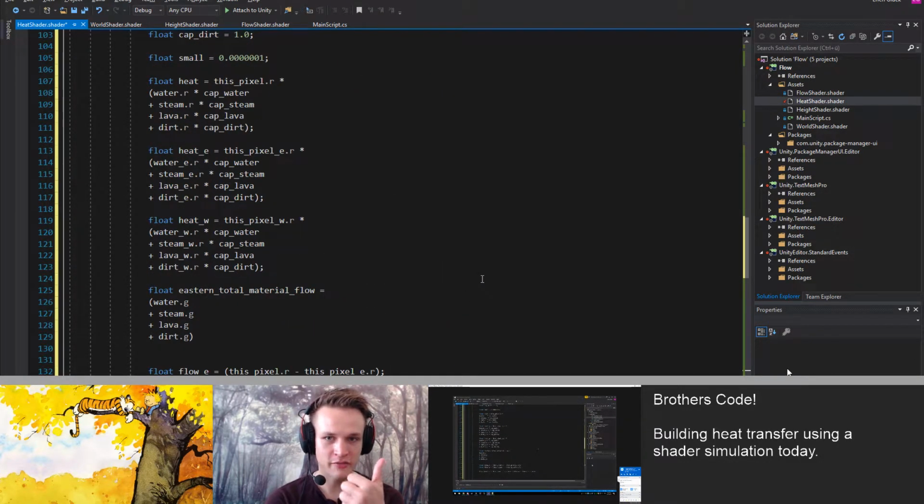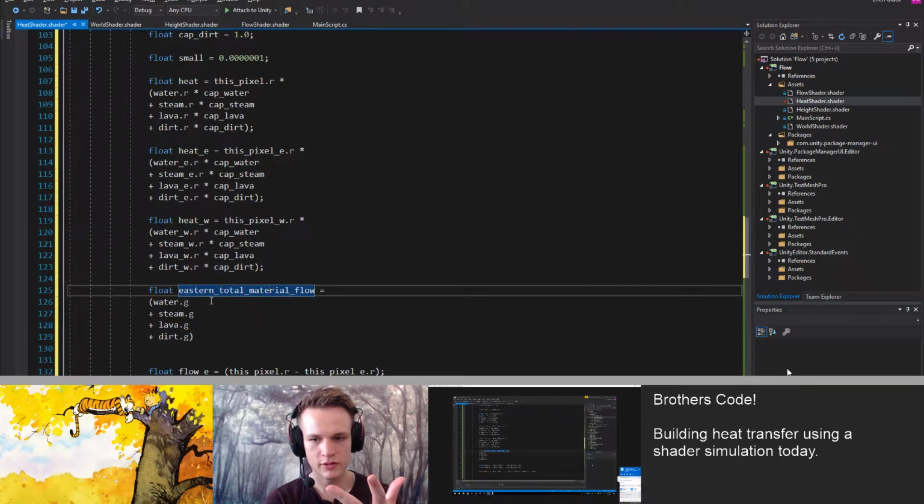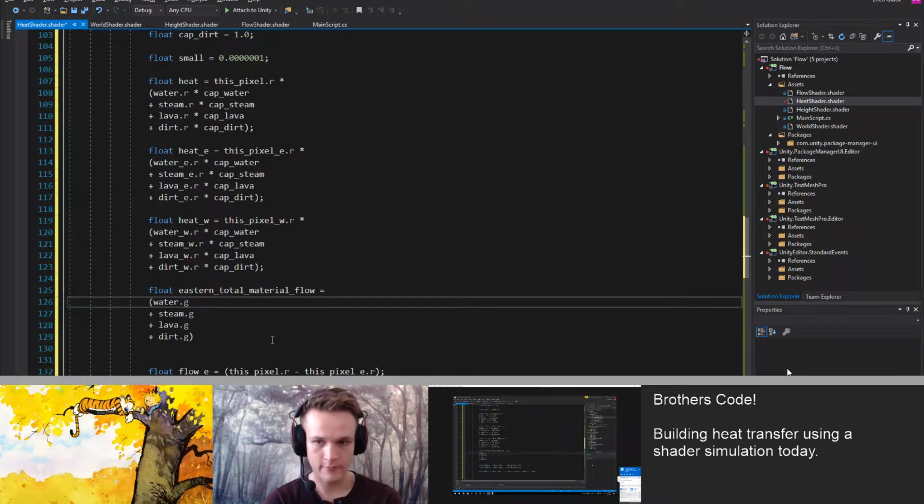So the amount of material that flows times the capacity times the temperature is the heat flow, right? For example, you still have to do this on a per water component basis. How much water flowed to the east times how much heat capacity water has, times the temperature of the place that the water came from, which is this pixel.